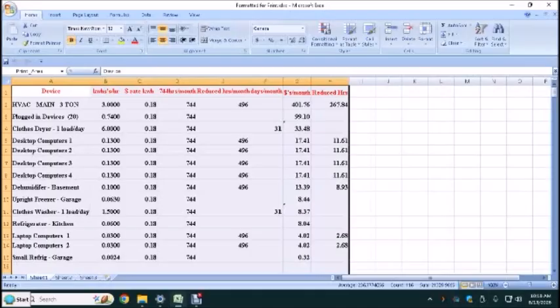I am paying 18 cents per kilowatt hour right now. Okay, the next thing is how many hours are there in a month? I'm saying there's 24 hours a day and 31 days in a month, which is an average, and that amounts to 744 hours per month.